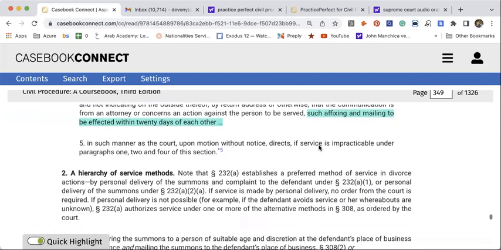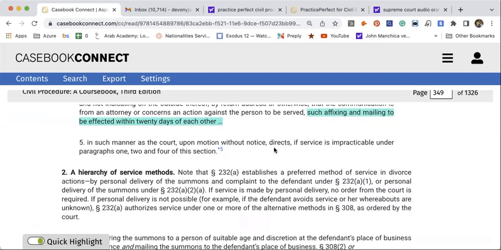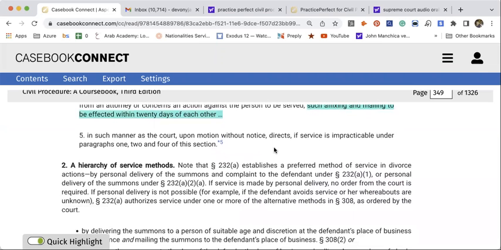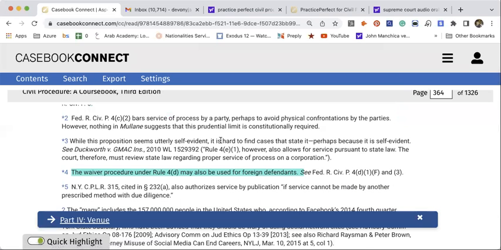Or in such manner as the court, upon motion without notice, directs, if service is impracticable under paragraphs 1, 2, and 4 of this section.